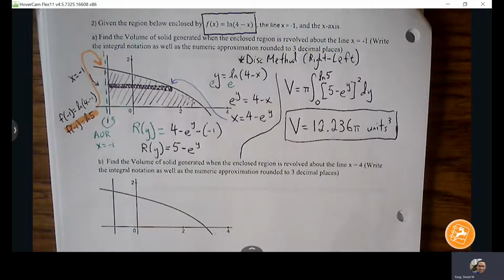Okay, read part B, see if you can decide whether it's disc or washer, is it horizontal or vertical radius.